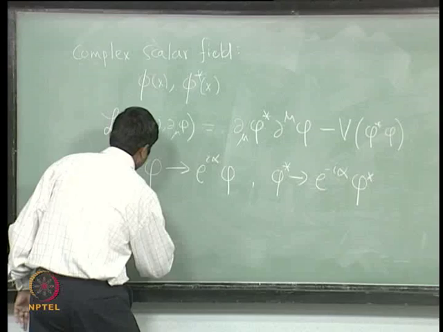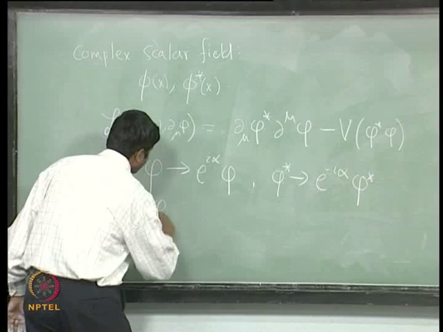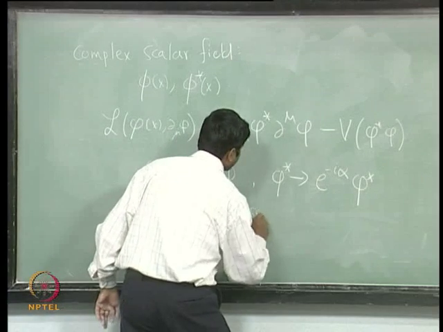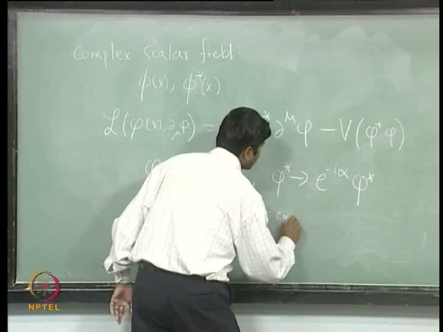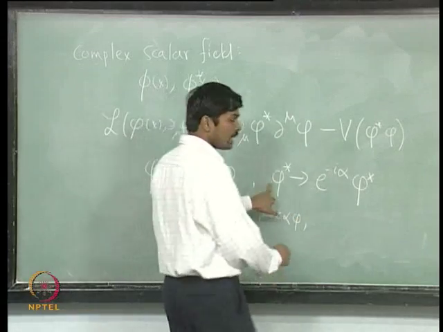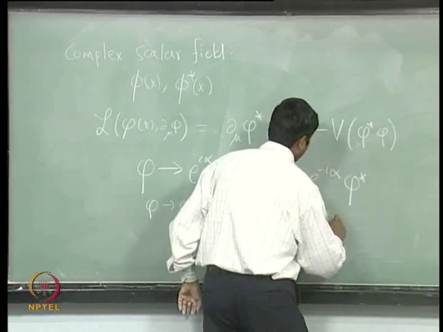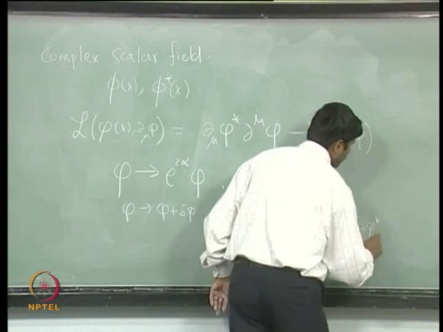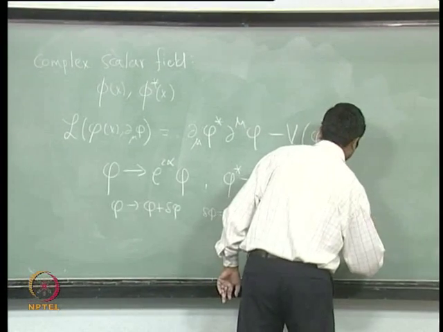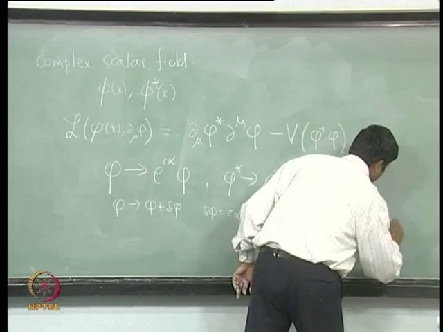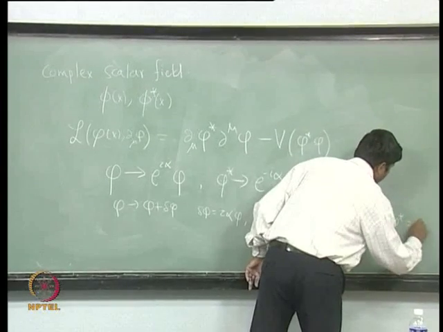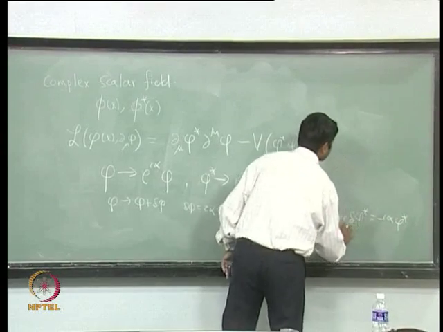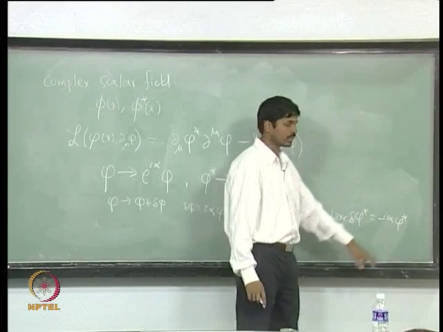So, if I consider an infinitesimal transformation, then phi goes to phi plus delta phi, where delta phi is i alpha times phi, and phi star goes to phi star plus delta phi star, where delta phi star is minus i alpha times phi star.